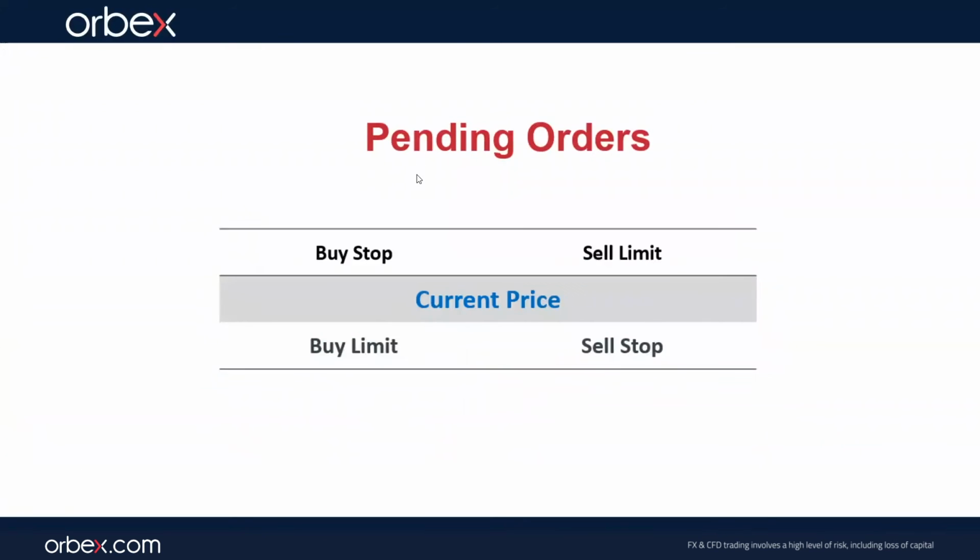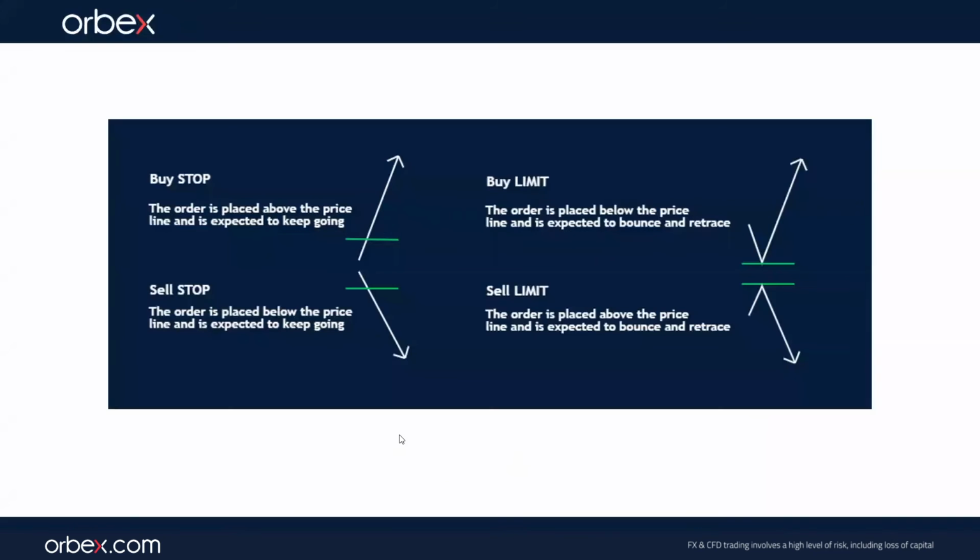And pending orders are categorized into 4 different parts. So we've got the stops and the limits. So we've got a buy stop and a sell stop, and a buy limit and a sell limit. Now, what are the differences between them? Well, let's take a quick look at the example diagram that I've given here. So a buy stop: the order is placed above the price line and it's expected to keep going.